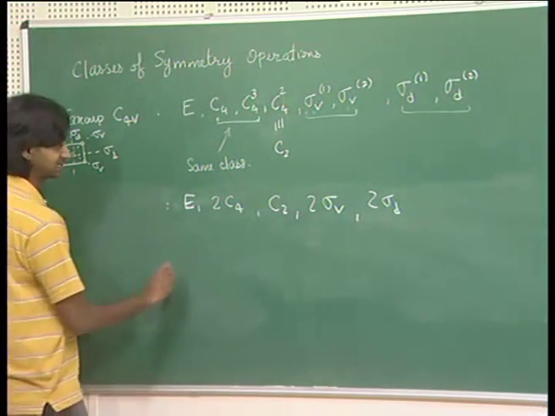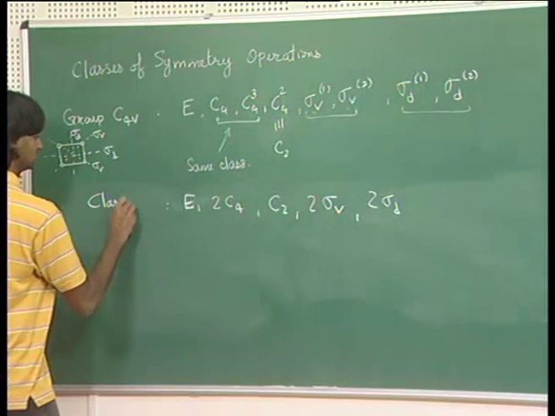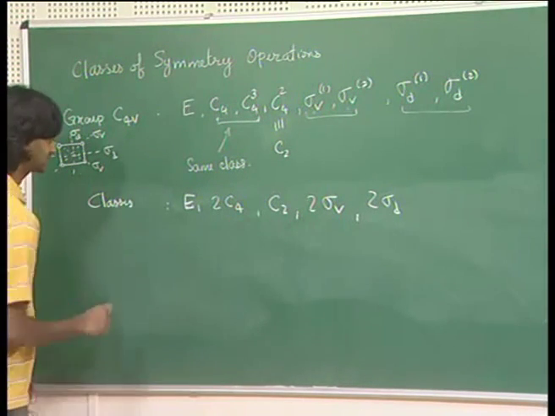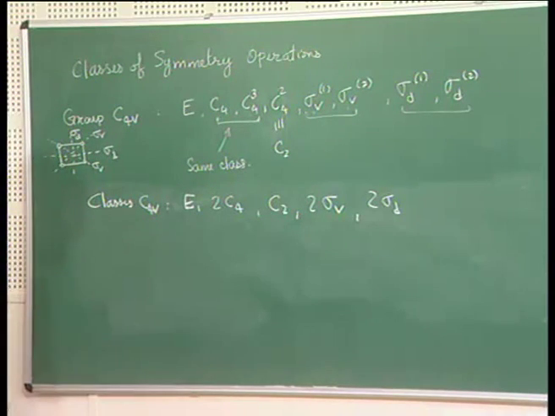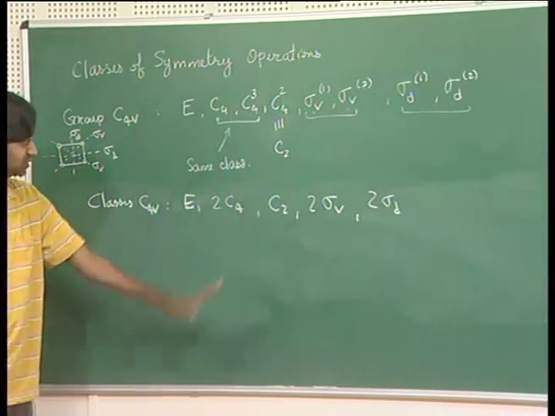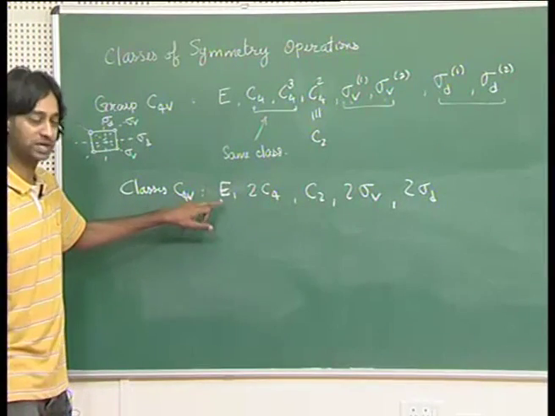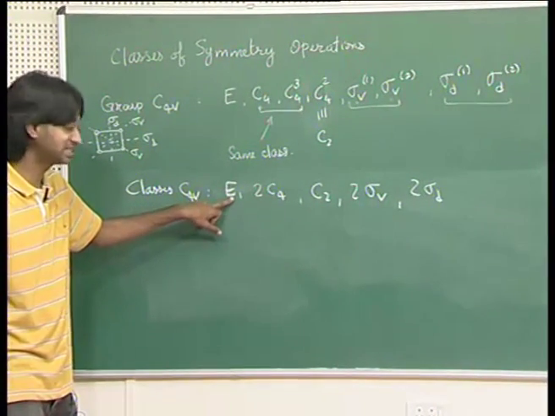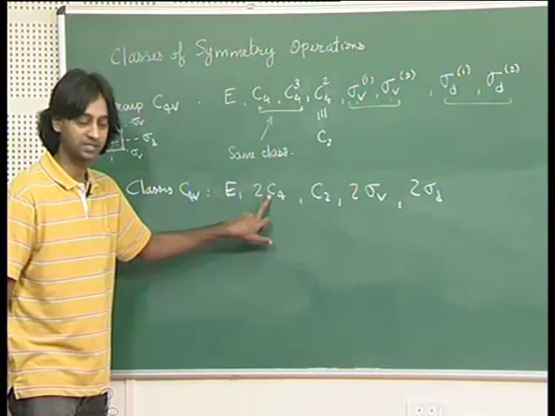Okay, so these are the various classes of C4V, and this is one way to list all the operations. The way to read this is that here is the identity operation. Then there are two equivalent C4 operations.